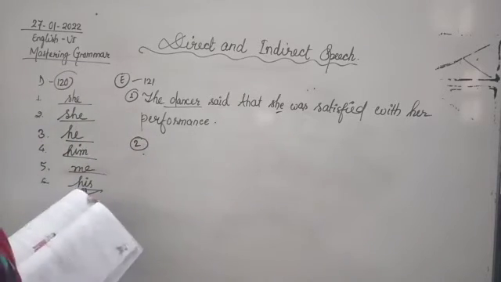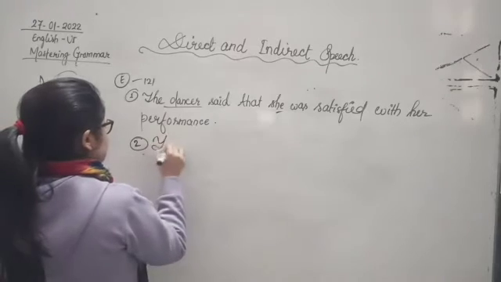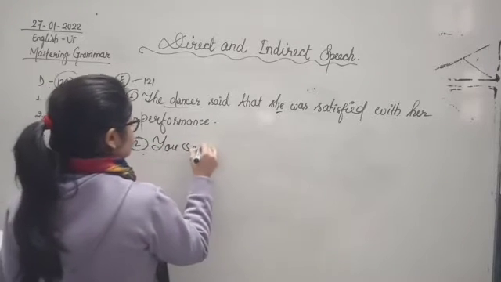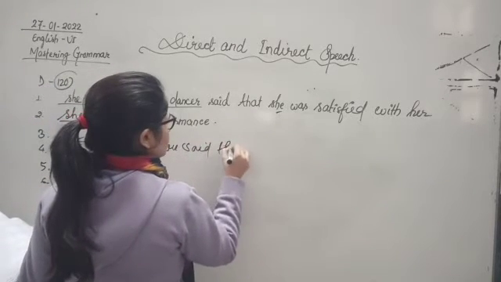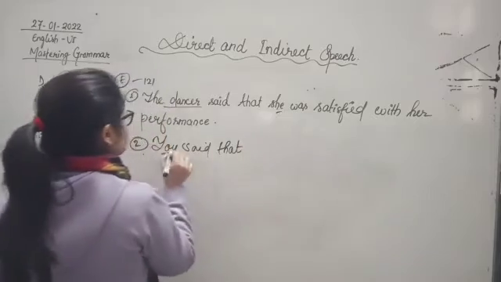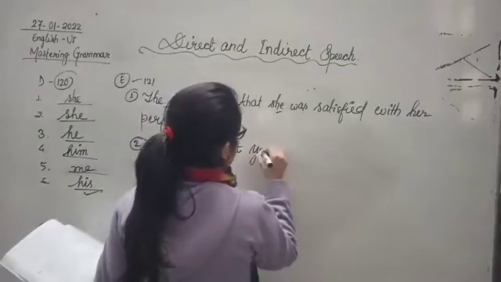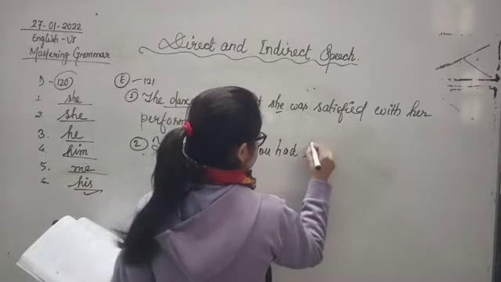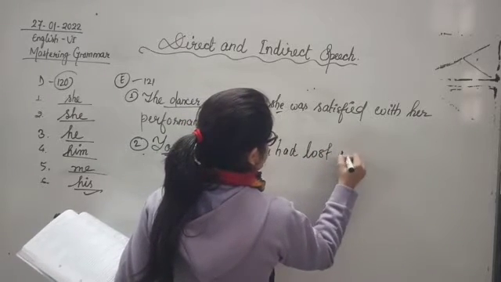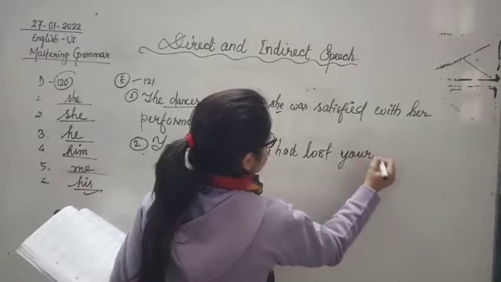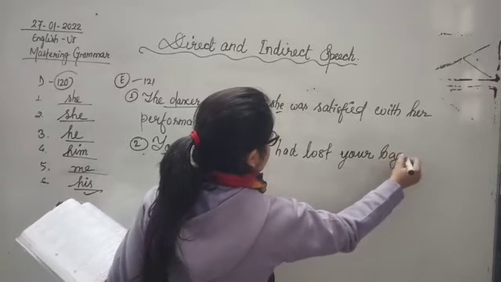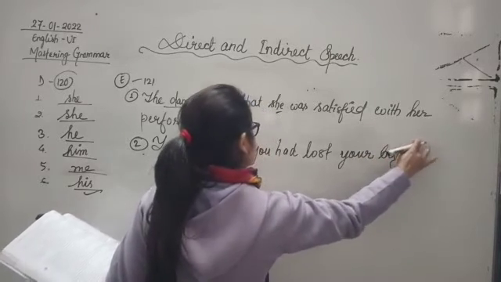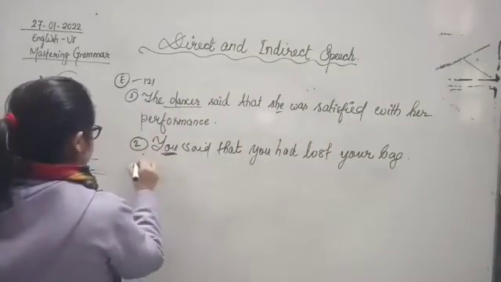Now, number 2. You said, I have lost my bag. You said that, now we are talking about you only. So that you had lost your bag. You had lost your bag. Have changes to had. Yes, and no punctuation, no quotations.